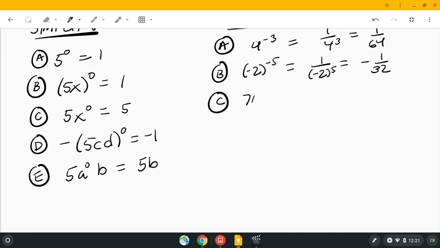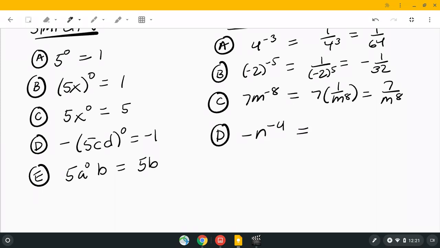All right, 7m to the negative 8. So the m is the base, not the 7, because we're not in parentheses. So only the m, we will take the reciprocal. That's 7 times 1 over m to the 8, and that's just 7 over m to the 8. And suppose that I have negative n to the negative 4th.